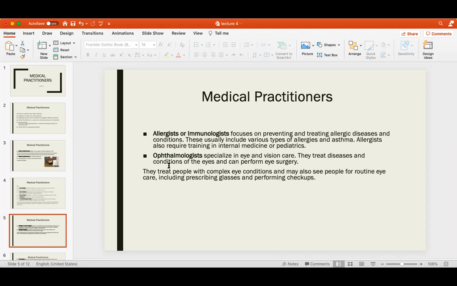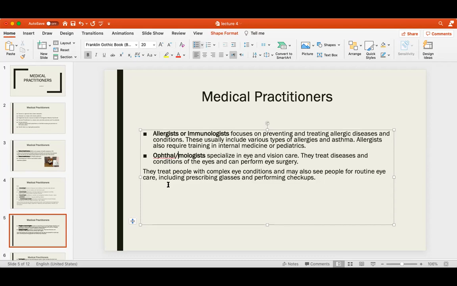Ophthalmologist. Ophthalmologists specialize in eye and vision care. How to pronounce this word? We divide it into two parts, ophthal and mologist. Ophthalmologist.